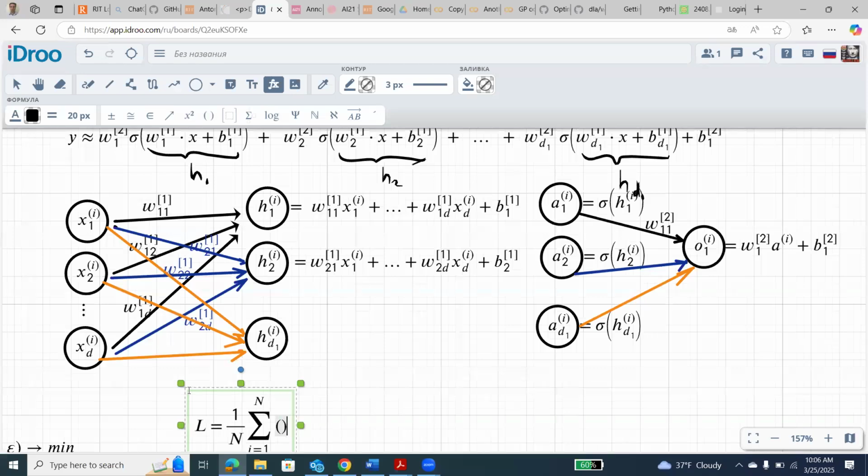For example, if we use MSE loss, it will be just the square difference between the output and the target. And we will minimize this loss.